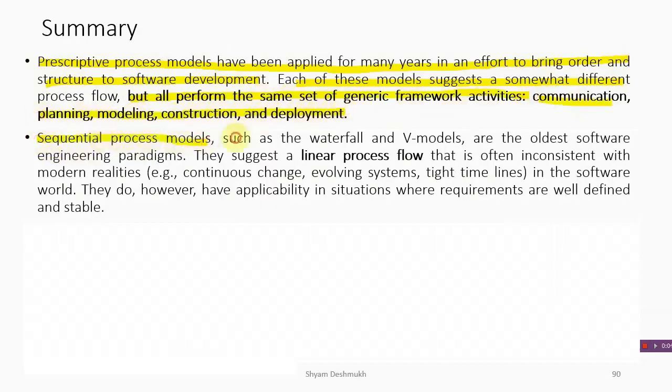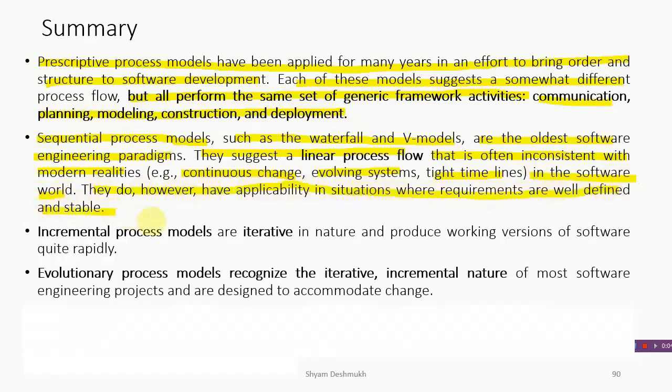Sequential process models such as waterfall and V models are the oldest software engineering paradigms. They suggest a linear process flow that is often inconsistent with modern realities like continuous change, evolving systems, and tight timelines in the software world. They do have applicability in situations where requirements are well defined and stable.